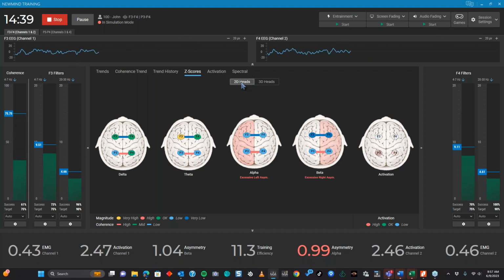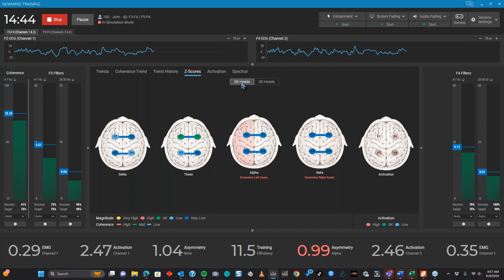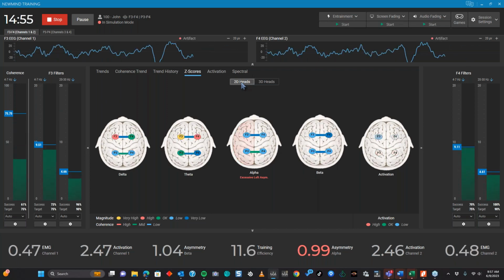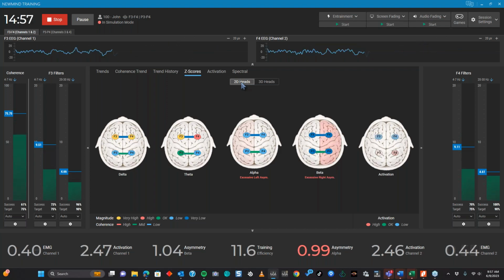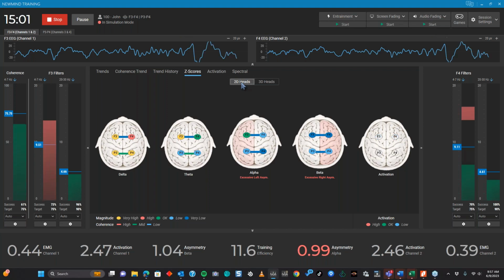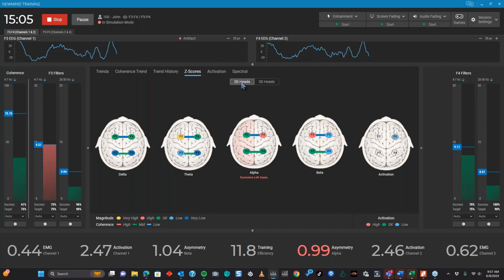As far as trusting the map, if you're recording your QEGs in NewMind software and you've got the auto artifact turned on, then you can trust that map. Now, yes, it's very common, especially post 20 sessions. So you've done the first map, you've run roughly 20 sessions, and you remap them.